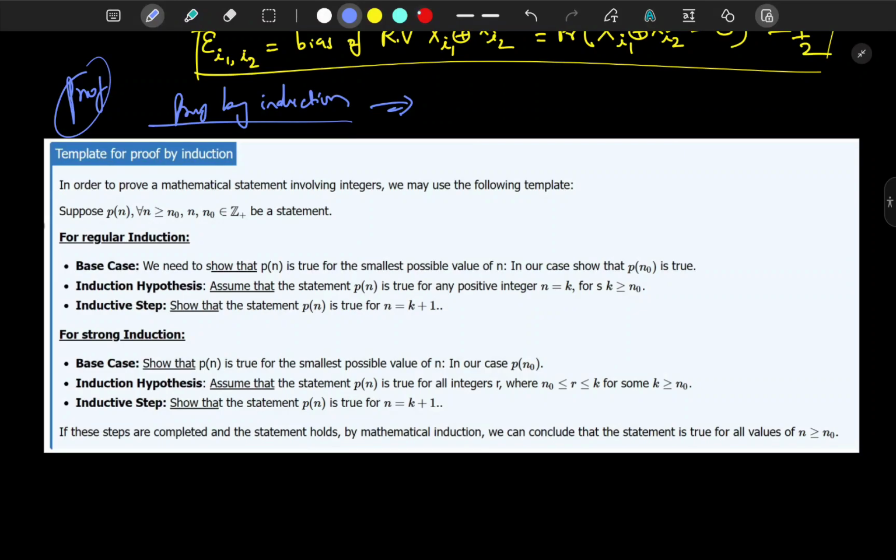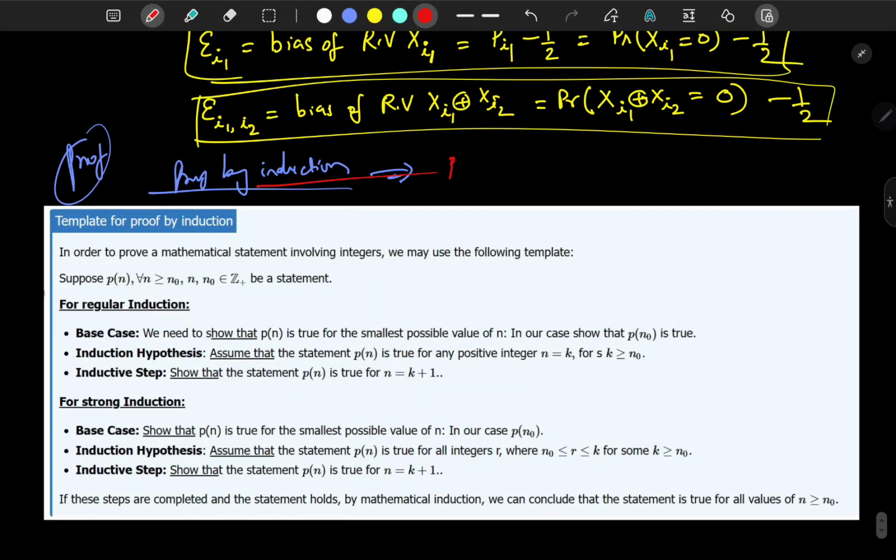We will proceed from the mathematical perspective. Here we will prove by normal regular induction only, not by strong induction.